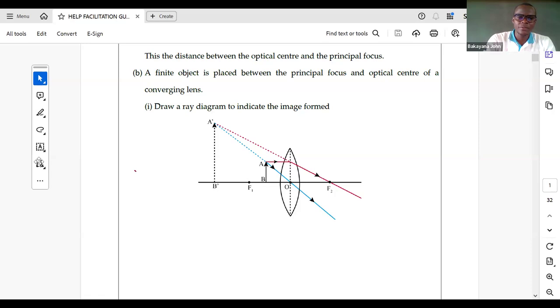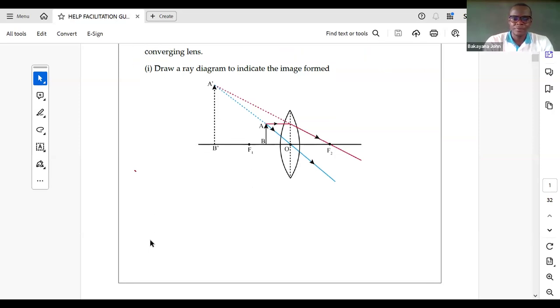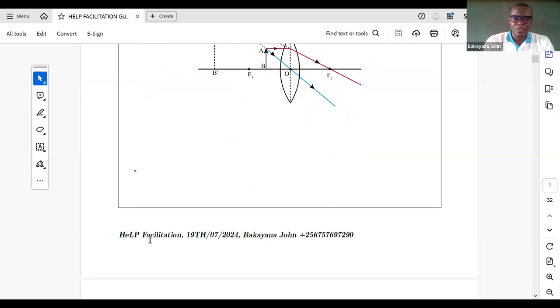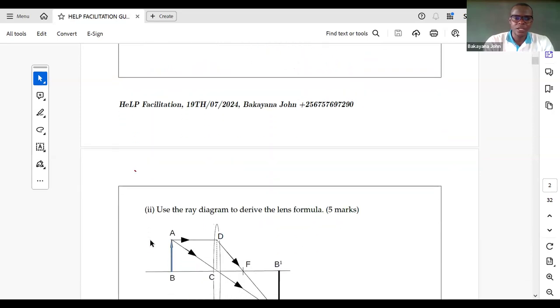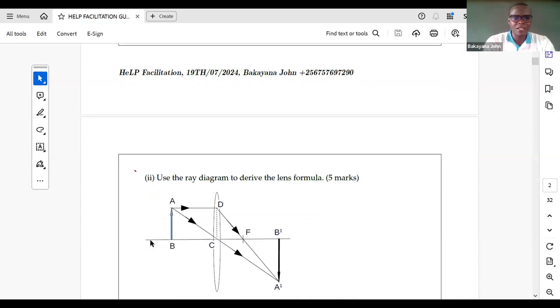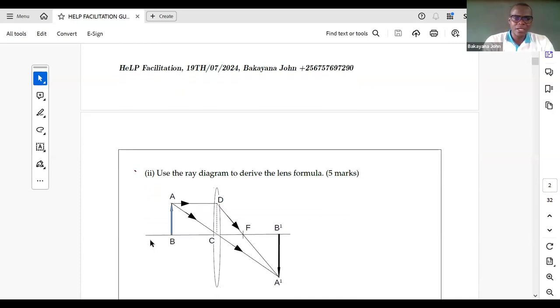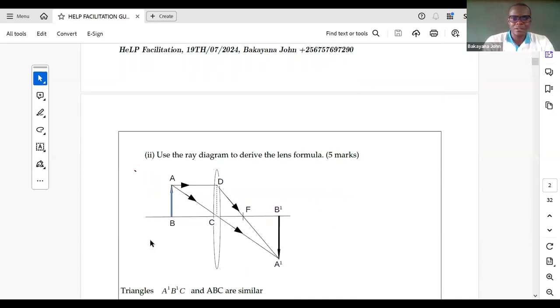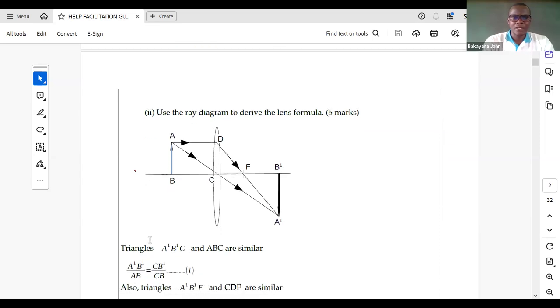Any questions so far? Okay, if there is no question, we can continue. So use a ray diagram to derive the lens formula.